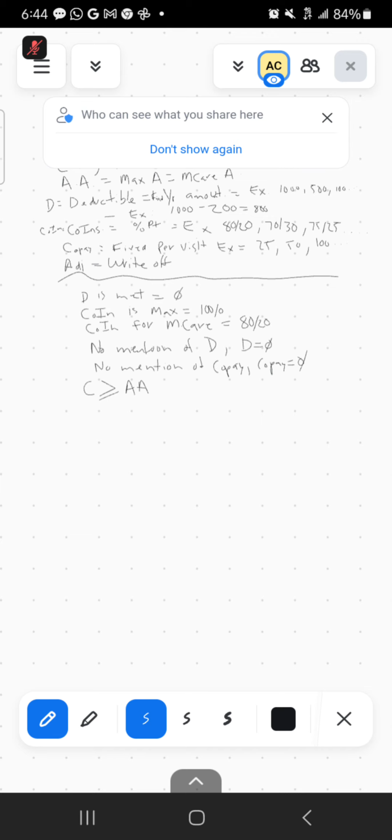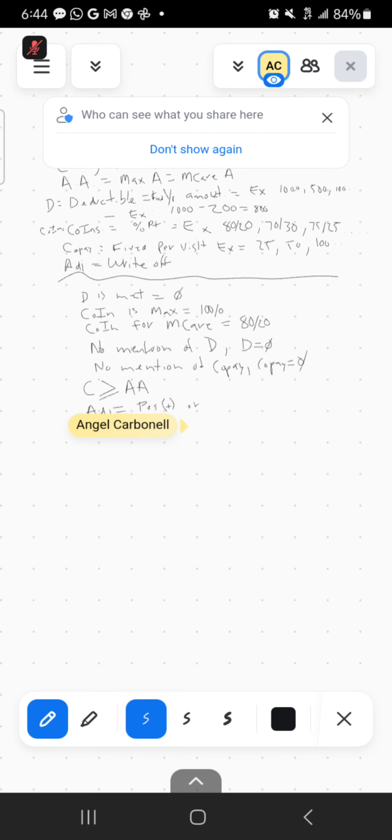If you get an adjustment with a negative number, that's a problem. So that means that adjustments can only be a positive number, okay, positive, or 0.